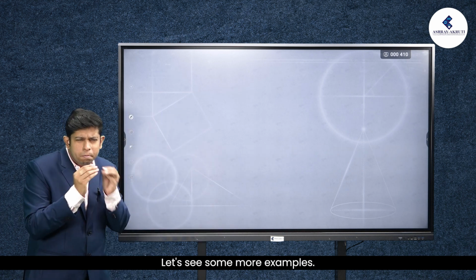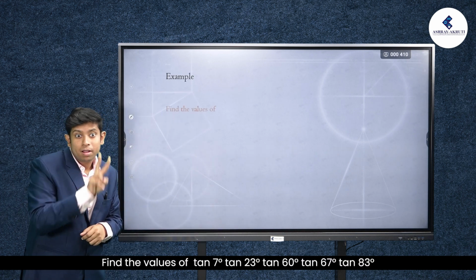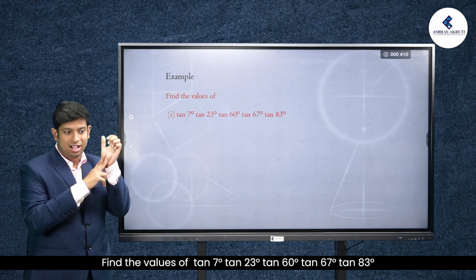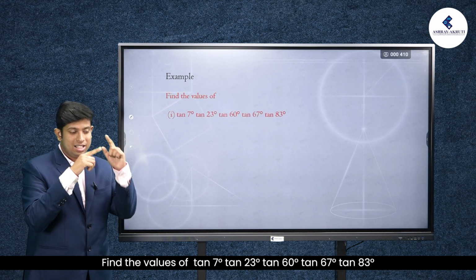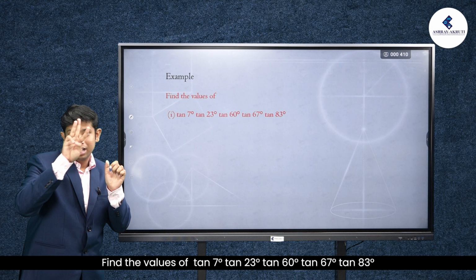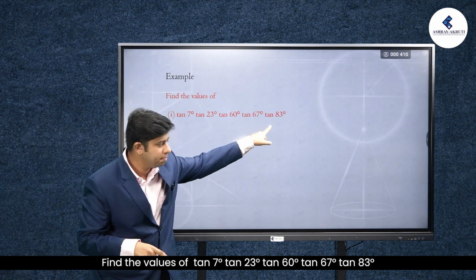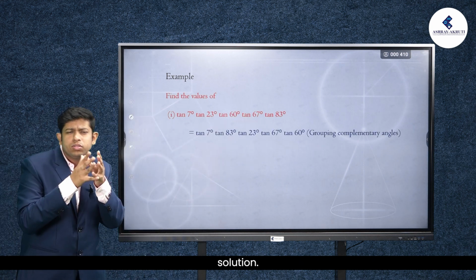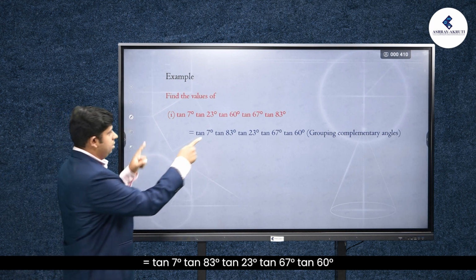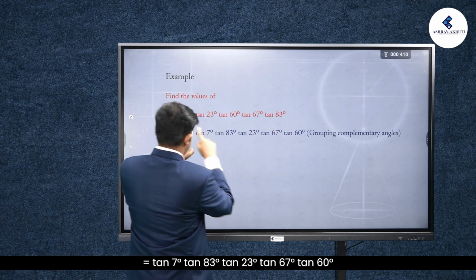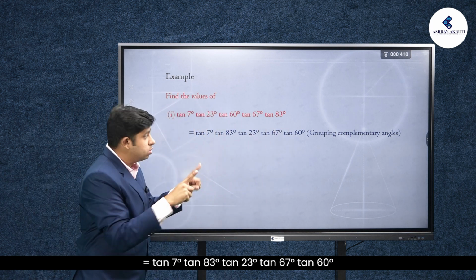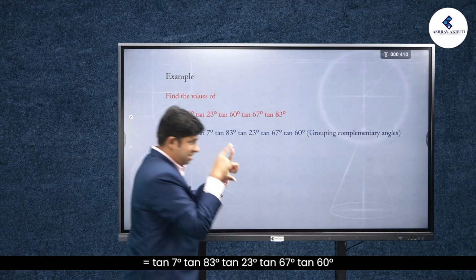Let's see some more examples. Find the value of tan 7 degrees into tan 23 degrees into tan 60 degrees into tan 67 degrees into tan 83 degrees. Solution: tan 7 degrees into tan 83 degrees into tan 23 degrees into tan 67 degrees into tan 60 degrees.